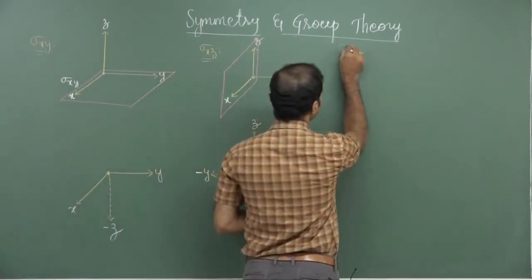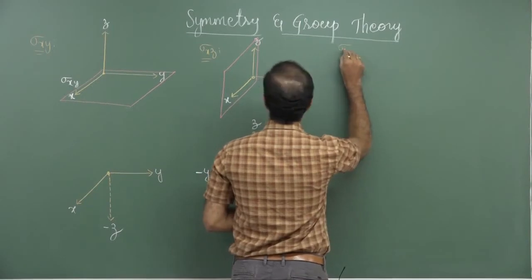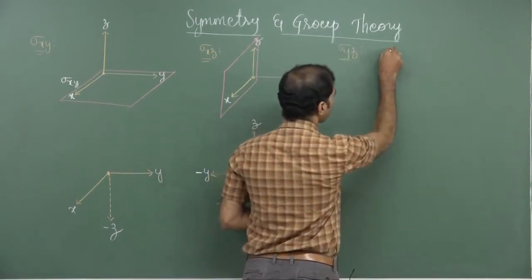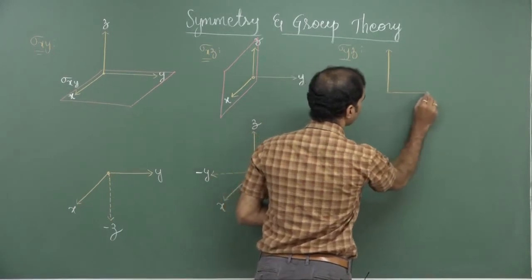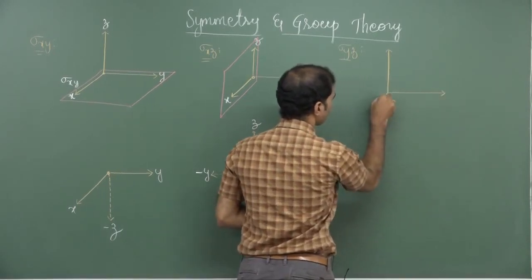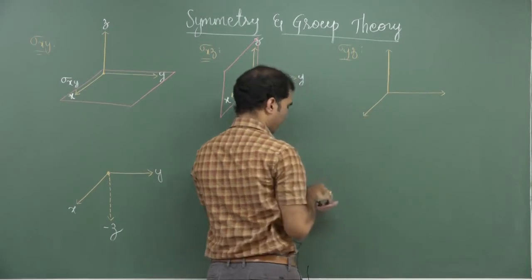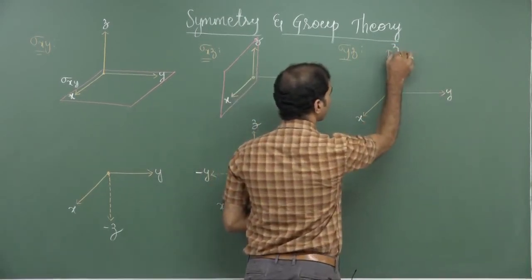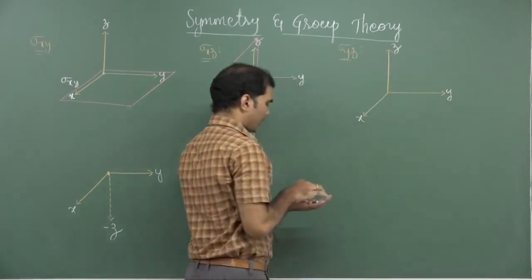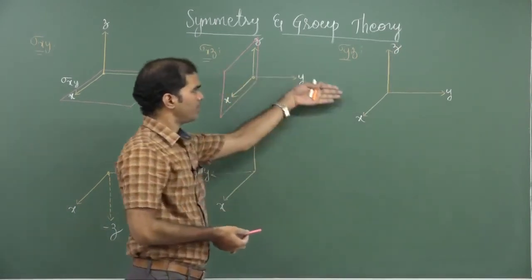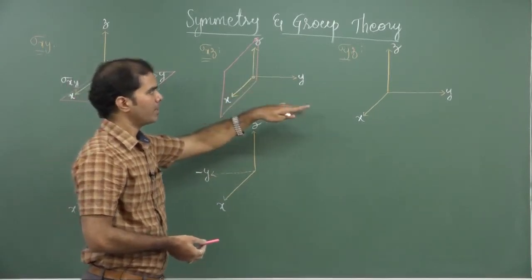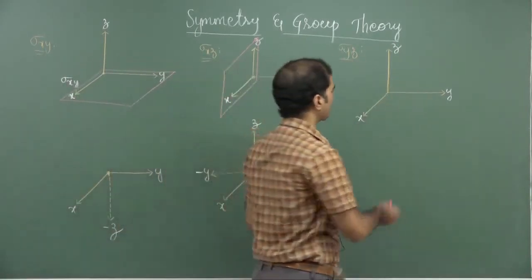And the last one is sigma yz. YZ is the plane of your board, or if you are drawing it on paper, it is the plane of your paper.